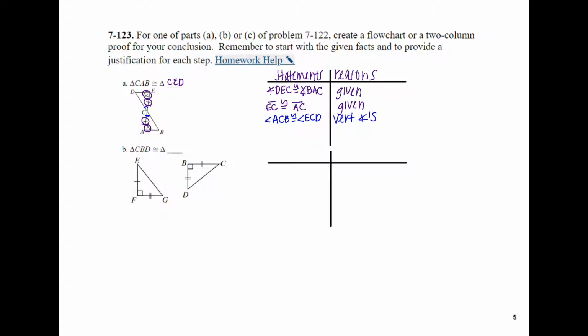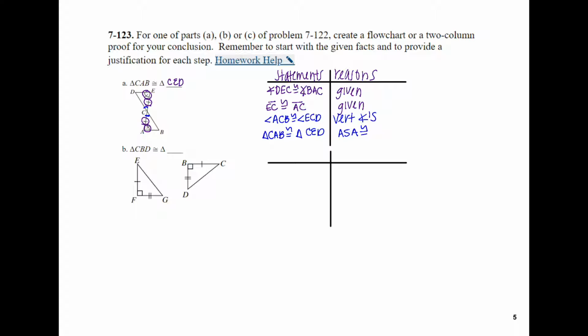And then we can conclude that triangle CAB is congruent to triangle CED based on the angle-side-angle congruency theorem.